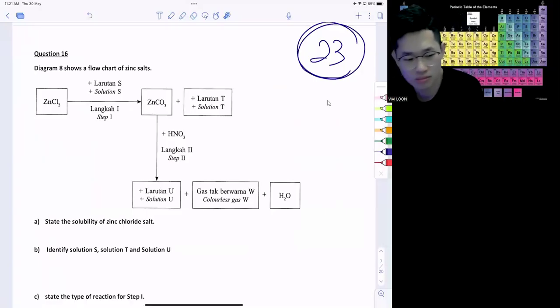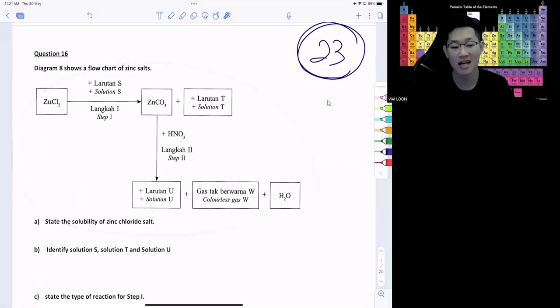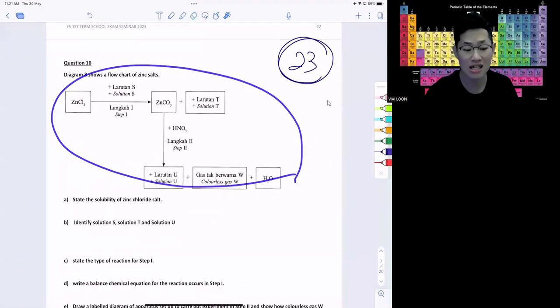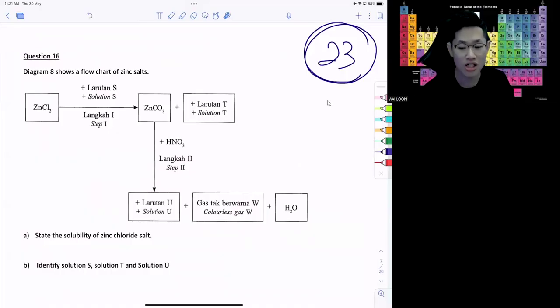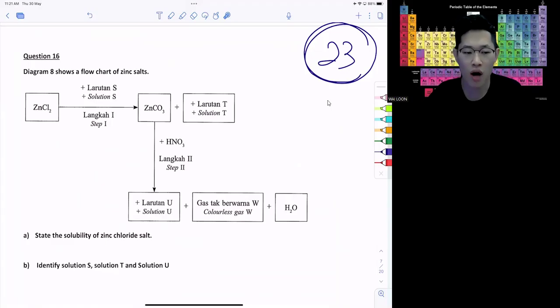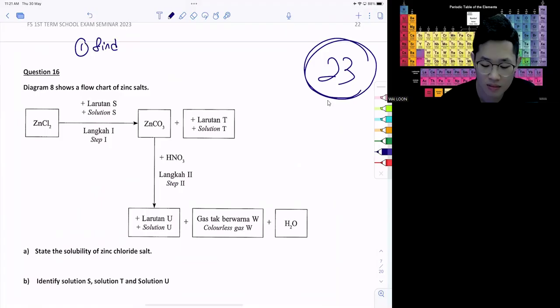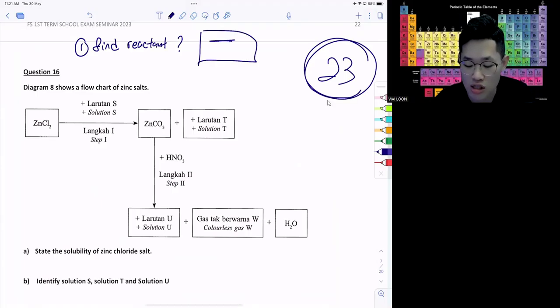A salt structure or assay, very often they will come out a chart like this. You have to be able to solve the chart in order to answer the questions below. Okay, so when you are doing a chart, remember, if they want you to find what is the reactant, remember to use the cross.